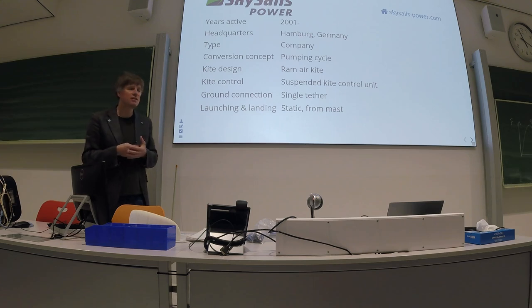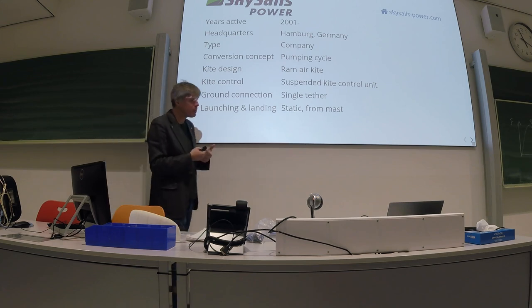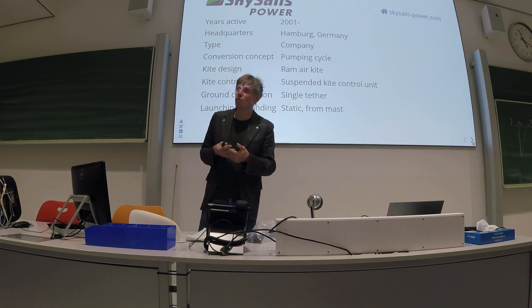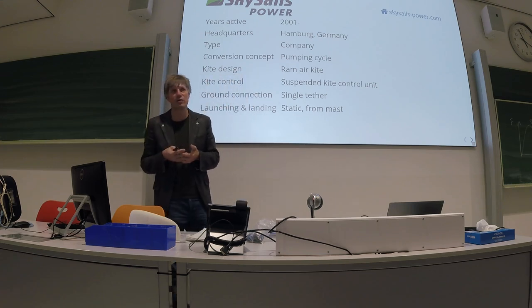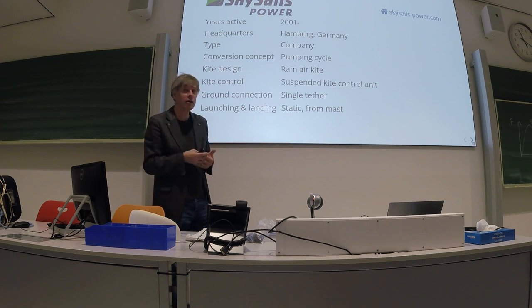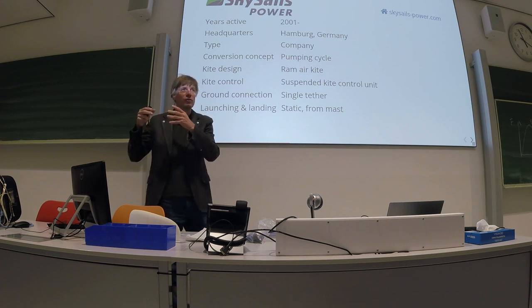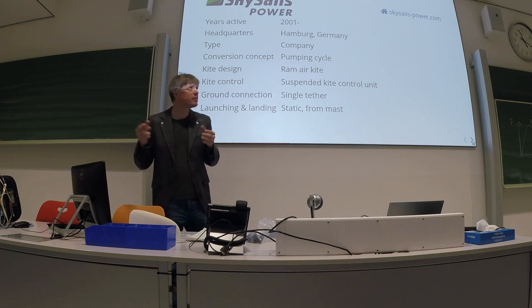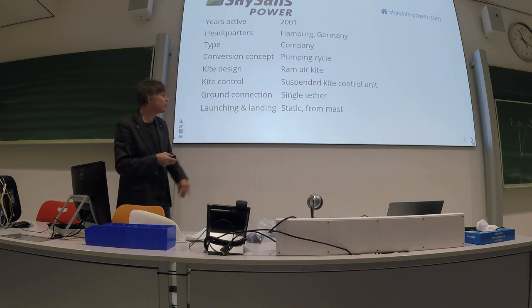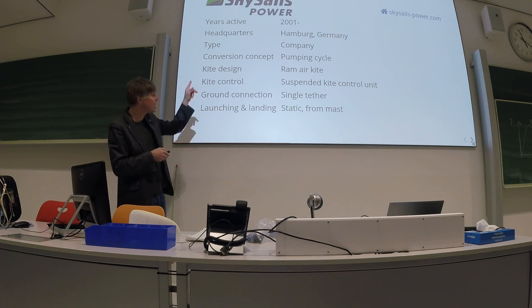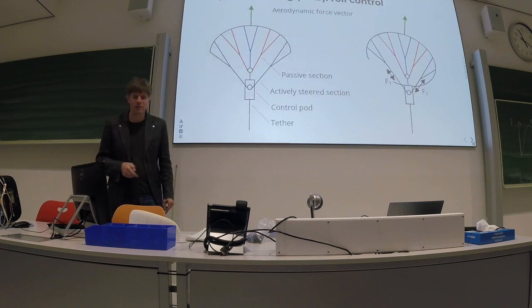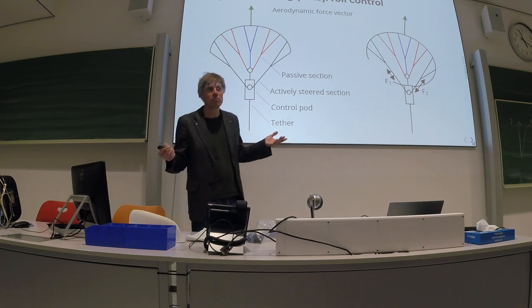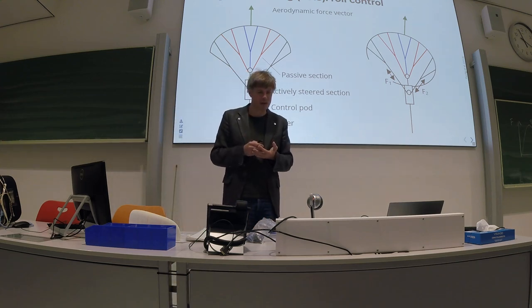In 2016, SkySails went bankrupt, although they had a technically quite well worked out solution. So they went bankrupt and they relaunched with energy generation in mind. And luckily they were able to safeguard most of their engineers and put them into a new company, SkySails Power. And SkySails Power then has become the world leader of airborne wind at this moment, without any doubt.